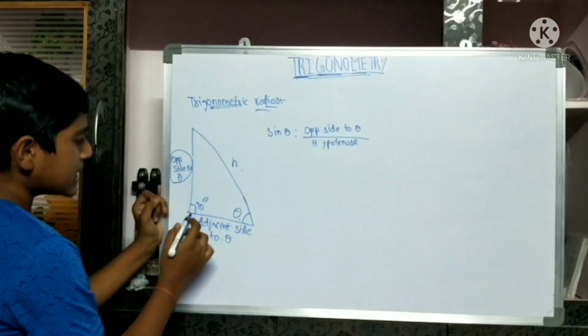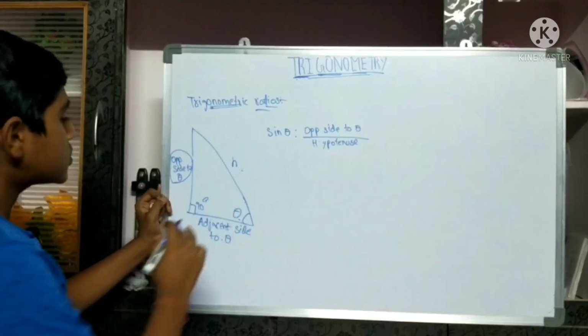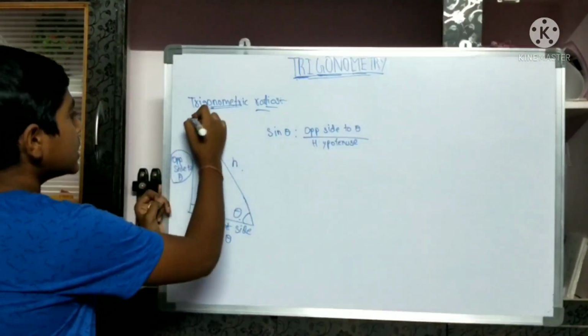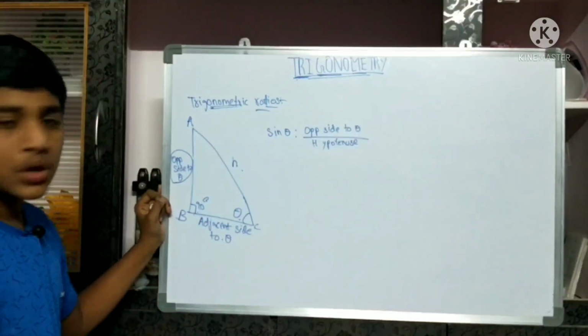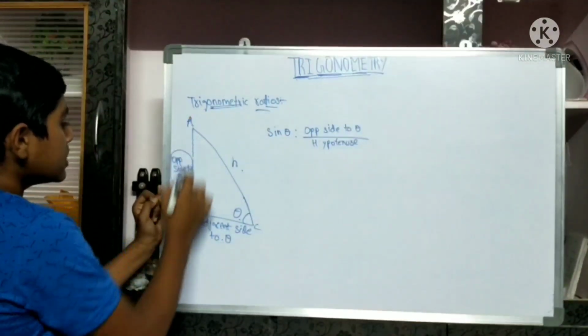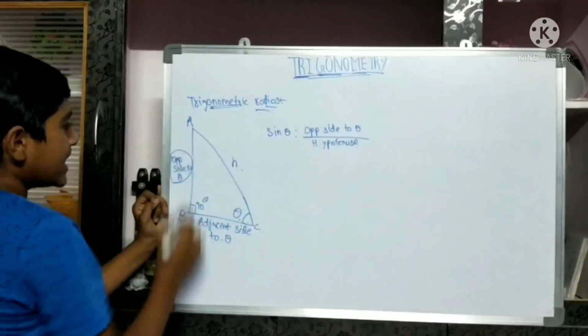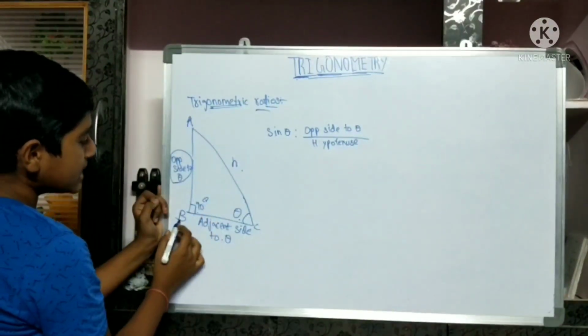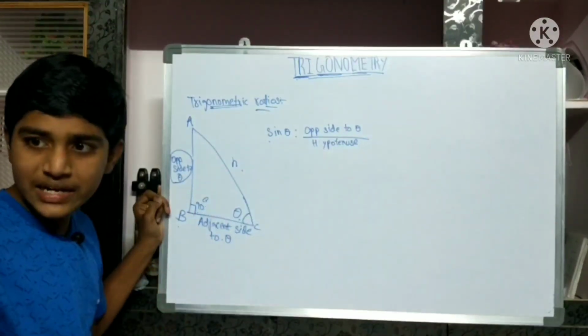Hypotenuse means the side opposite to 90 degrees is called hypotenuse. So let us assume this triangle as triangle ABC. So they have given the angles. That means this will be the side AB, this will be the side AC, and this will be the side BC.